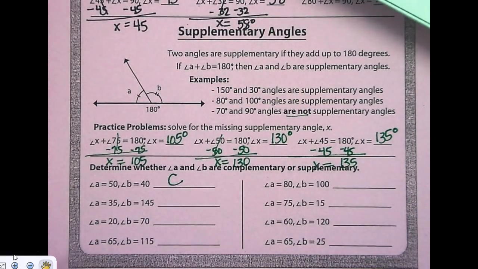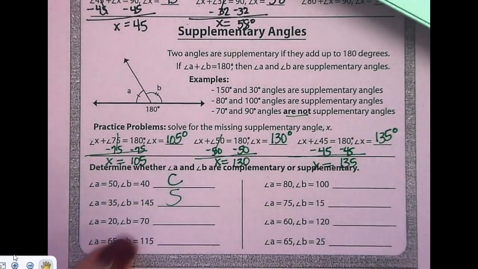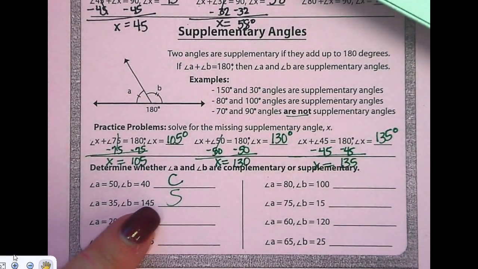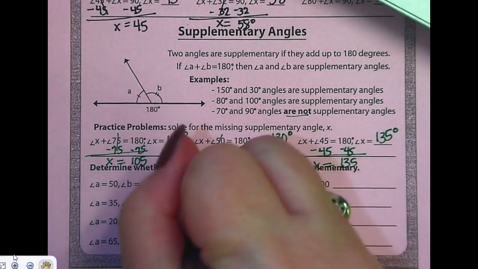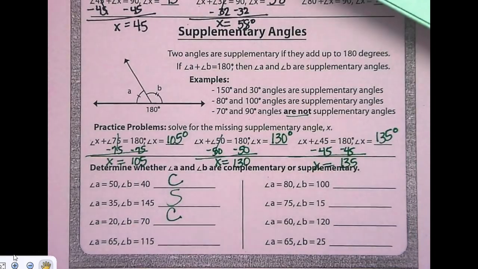35 and 145? Just shout it out when you know. Supplementary. I already knew they couldn't be complementary because this one is 145. That's higher than complementary immediately, right? 20 and 70, complementary. 65 and 115, supplementary.